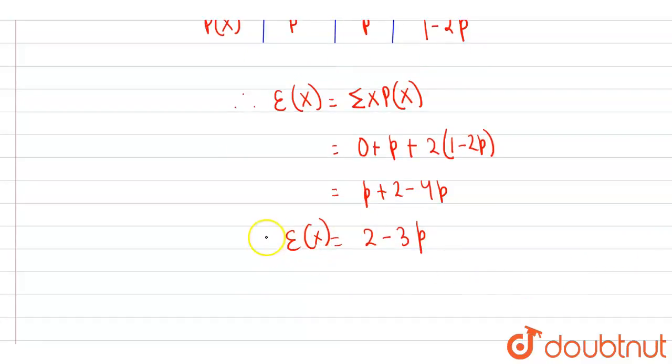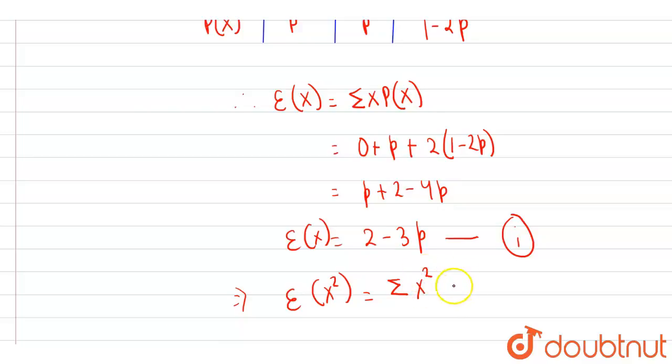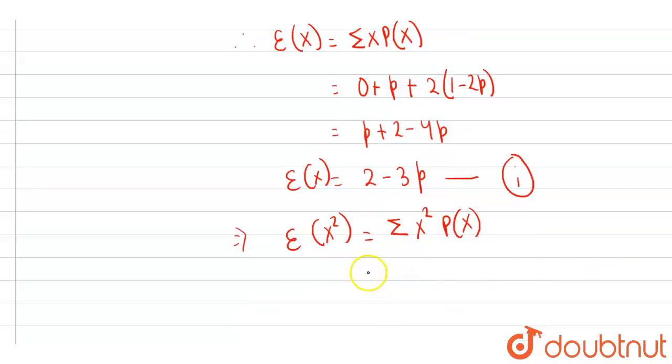Let us take this as our equation 1. We can also find the value of E of x square, which is basically equal to the summation of x square into p of x. So 0 square is 0, and 0 into p is again 0.